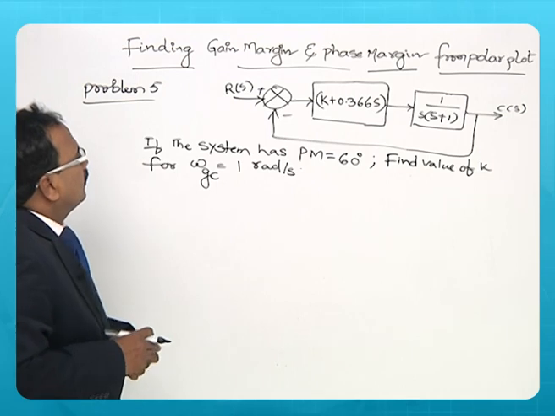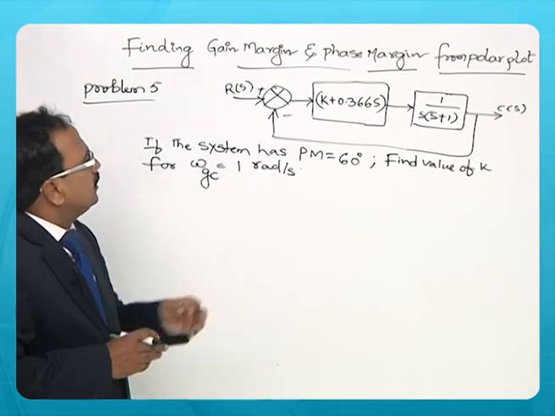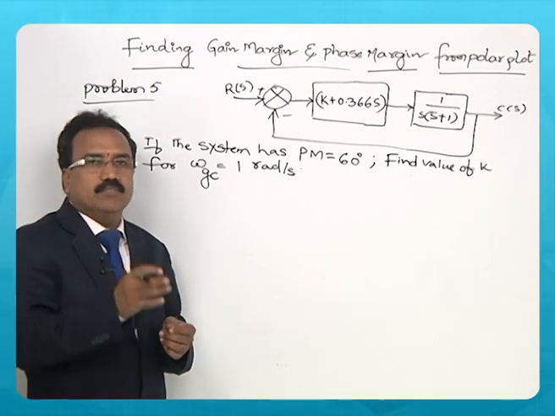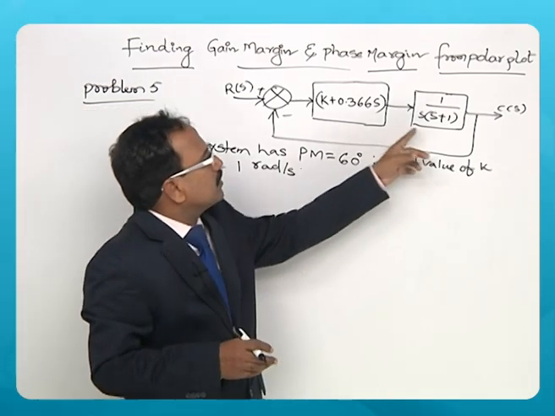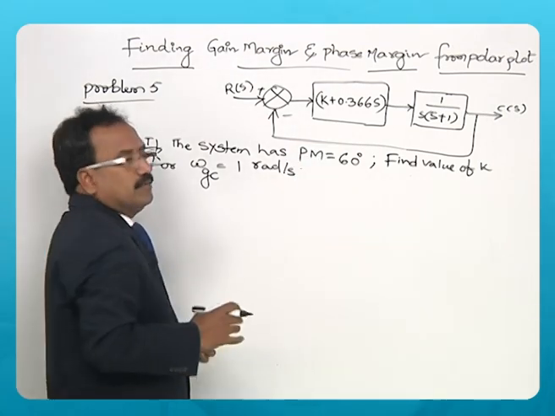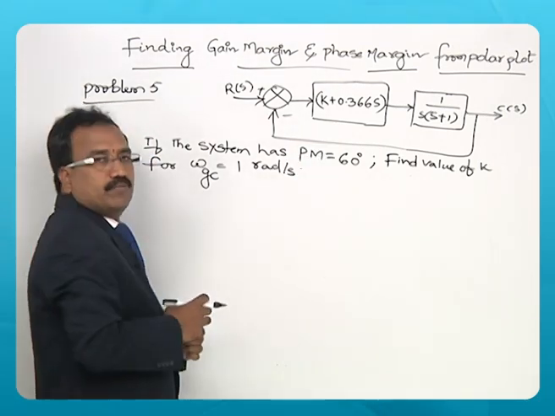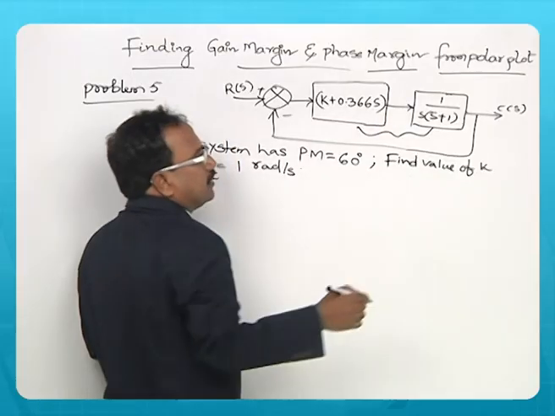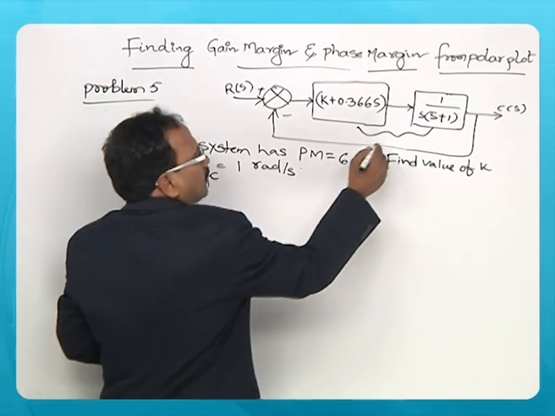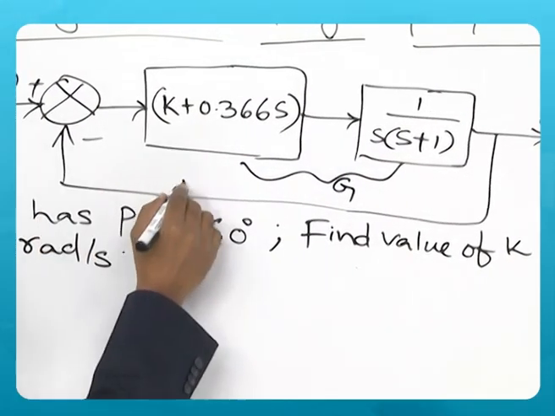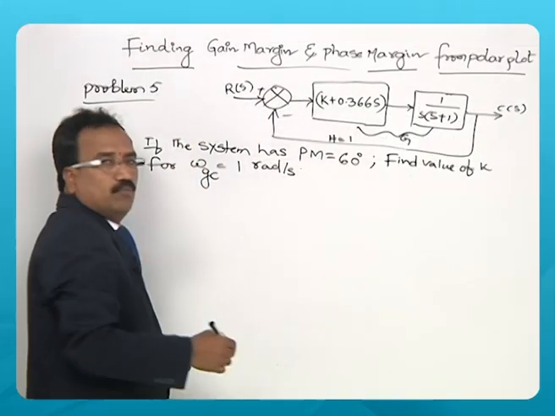As you can see here, it is a slightly different problem compared to the previous problem. The two blocks are in cascade. So the overall transfer function of this system, if you consider these two blocks in cascade, can be treated as G, and this is a unity feedback system, so H is equal to 1.